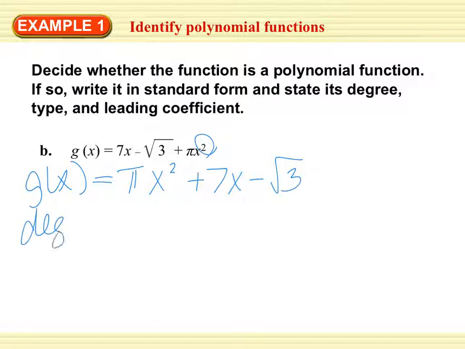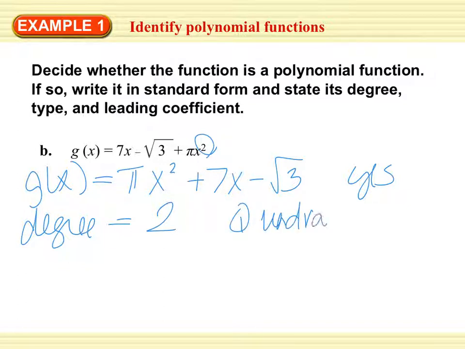Yes, it's a polynomial. Its degree is 2, so it's quadratic. Its leading coefficient is pi. You cannot write 3.14 because you've rounded it, so go ahead and write pi. What else do we need? That's it. Got it.